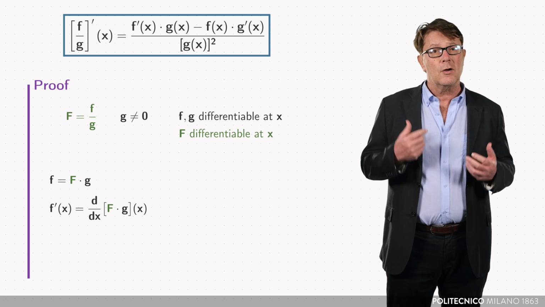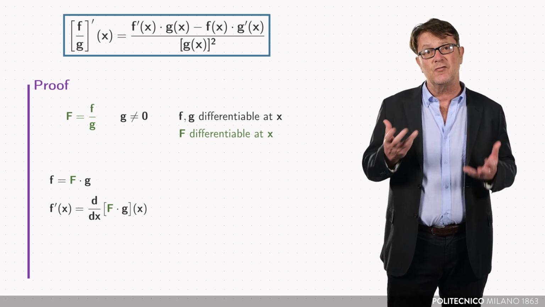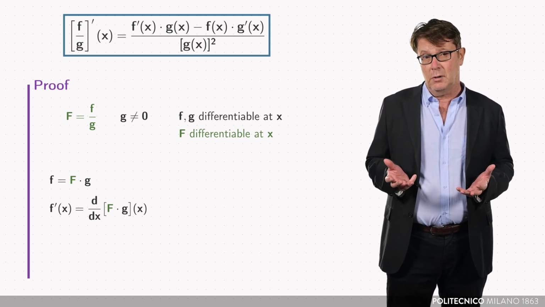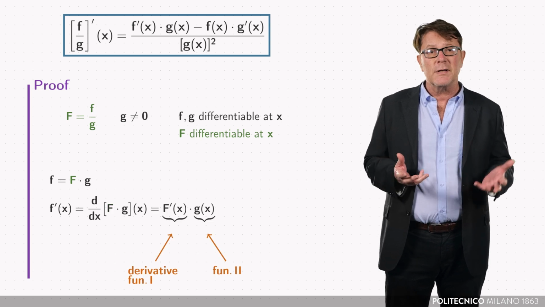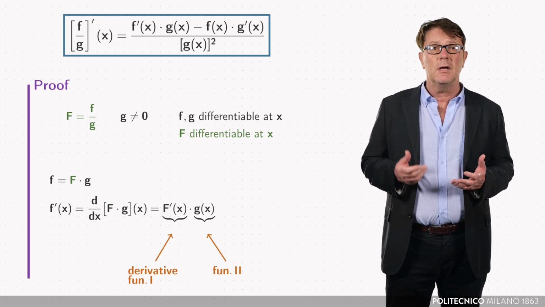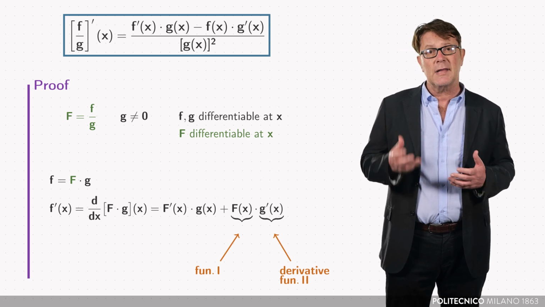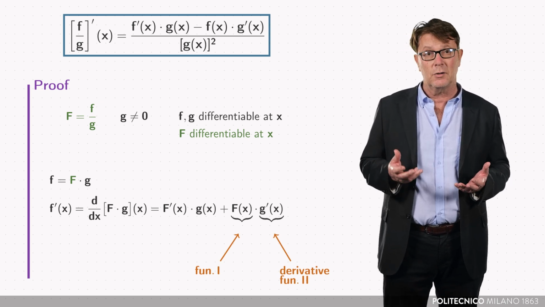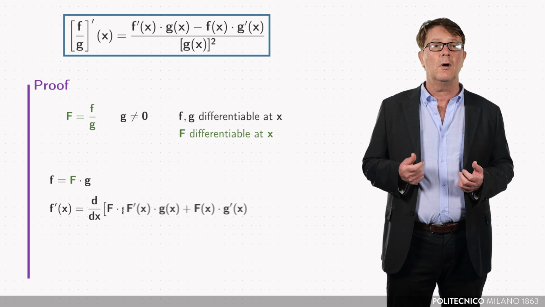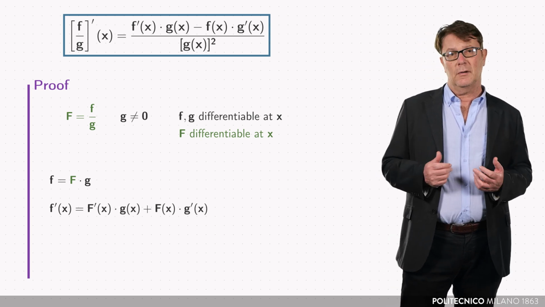We now calculate the derivative of big F times g with the Leibniz rule. The derivative of the first function, big F prime, times the second, plus the first function, big F, times the derivative of the second, g prime. Thus, we obtain this equality.